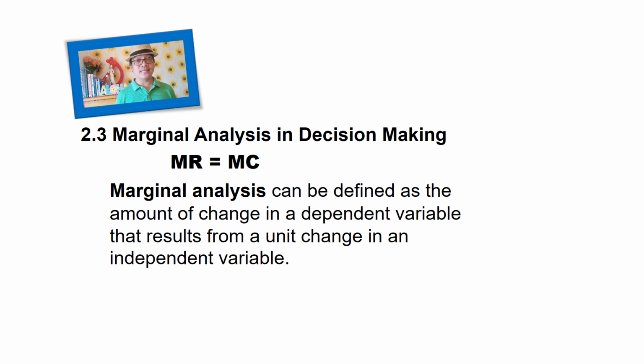Marginal analysis can be defined as the amount of change in a dependent variable that results from a unit change in an independent variable. This change is represented by the slope of the line if the functional relationship is linear.